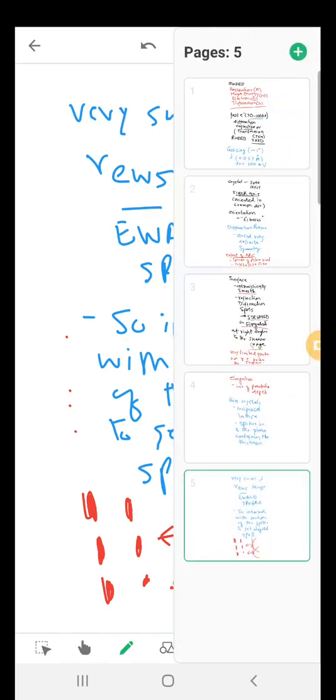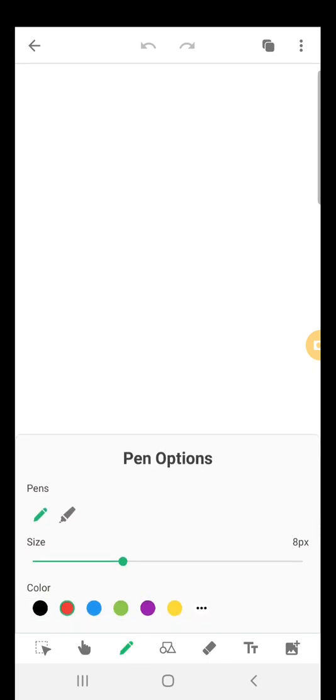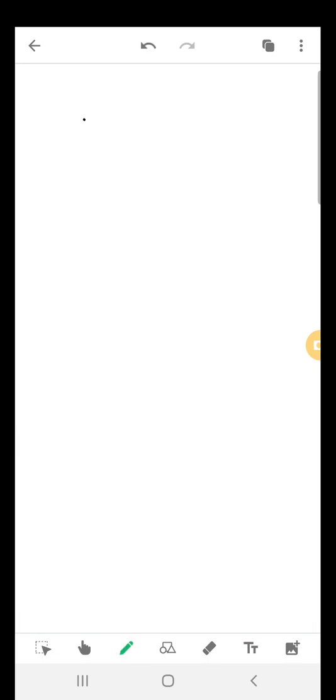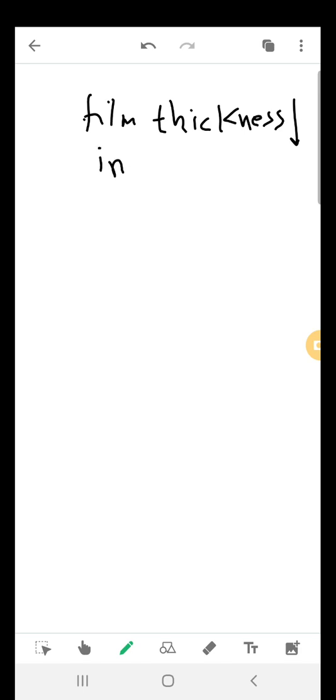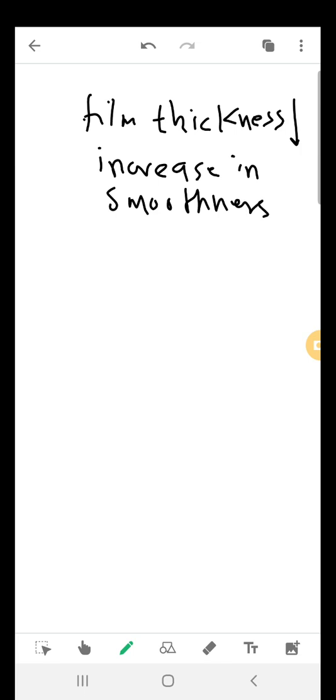And if the film thickness is decreased and the smoothness increases, the spikes tend to form lines.